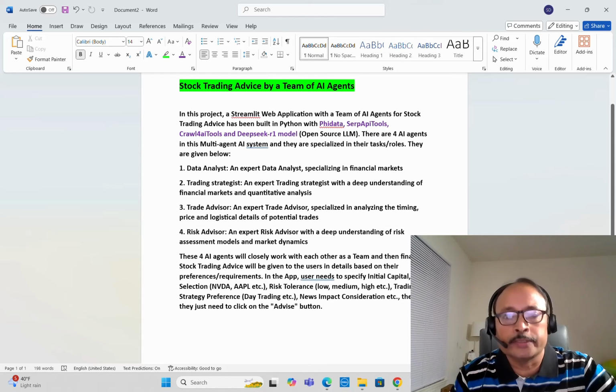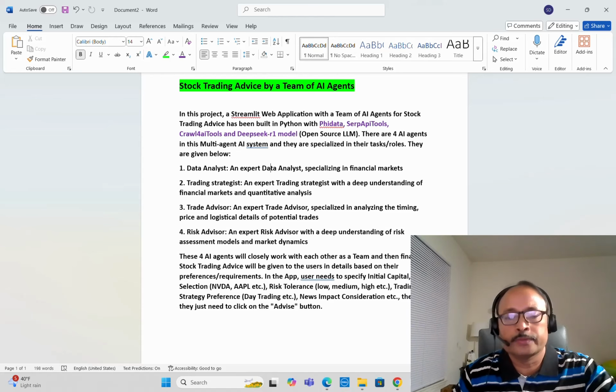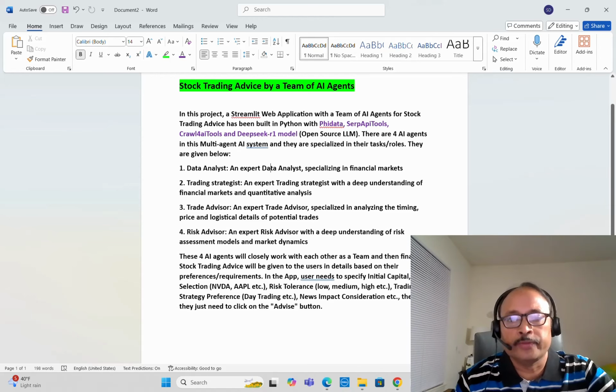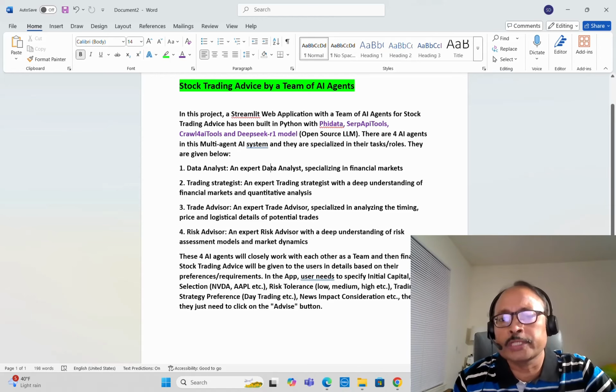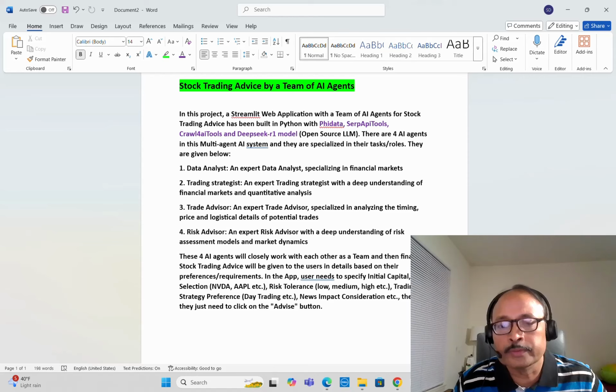Second agent is the Trading Strategist, an expert trading strategist with a deep understanding of financial markets and quantitative analysis. Third agent is the Trade Advisor, an expert trade advisor specialized in analyzing the timing, price, and logistic details of potential trades or stocks.